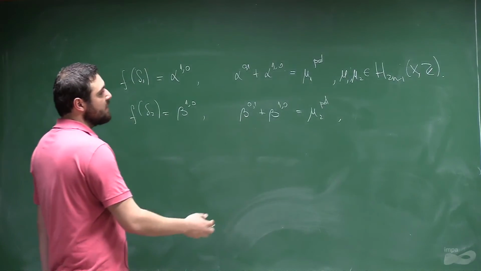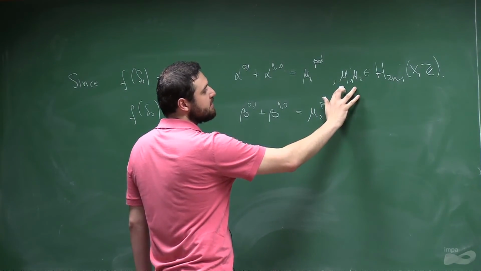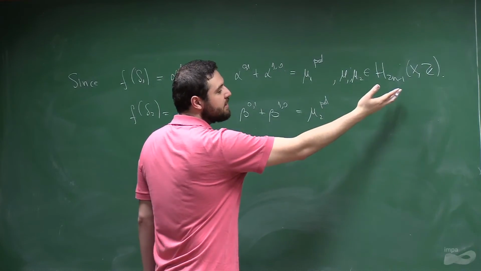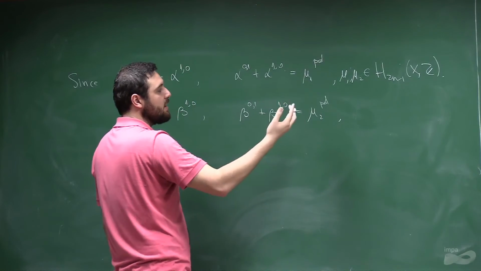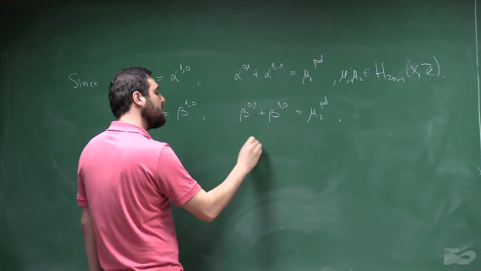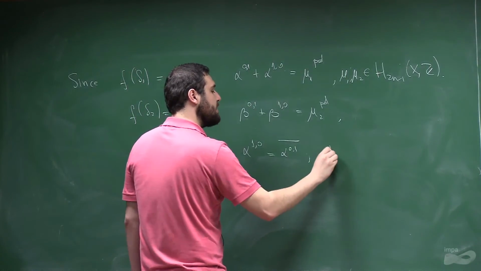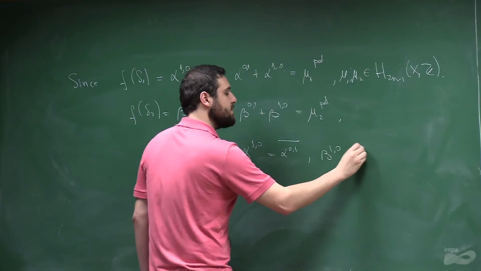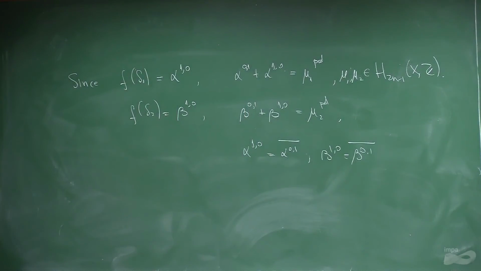And so since these two cycles are integral, I mean they are real, the PD of them is real. So in particular, we have that this alpha 1,0 is equal to alpha 0,1 bar, and beta 1,0 is beta 0,1 bar, right?